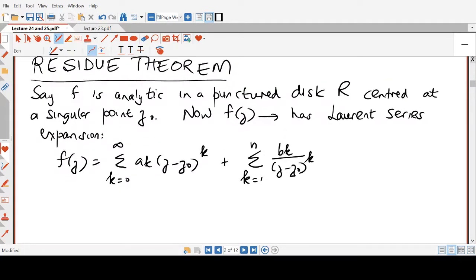Now here I'm going to define something, and then I'll show you how it links up with the work at hand. The exponents here are all the negative terms. You've got a_k and b_k. The a_k part is all positive terms, the Taylor series.